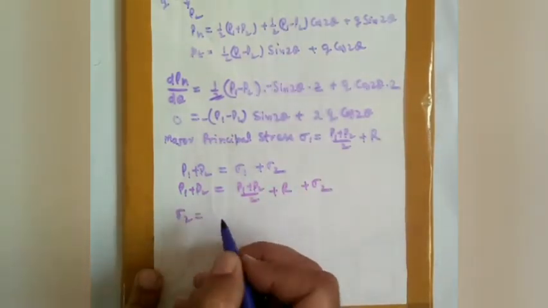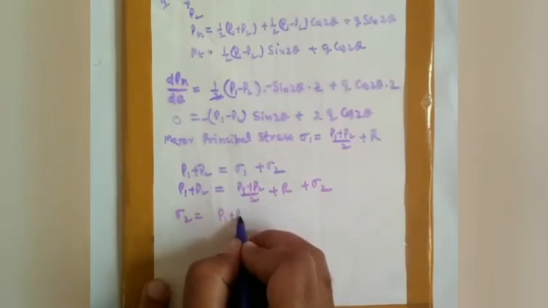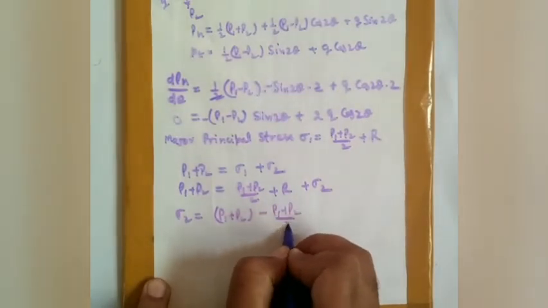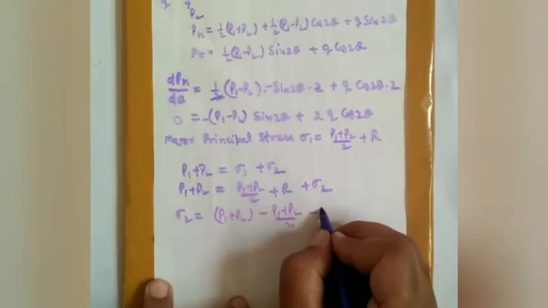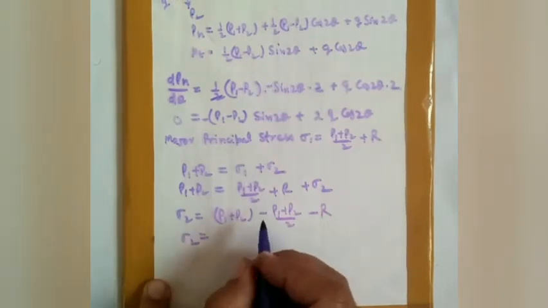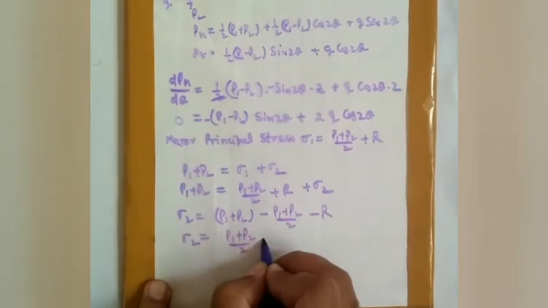So sigma 2 is equal to P1 plus P2 minus (P1 plus P2) by 2 minus r. This gives sigma 2 is equal to (P1 plus P2) by 2 minus r.